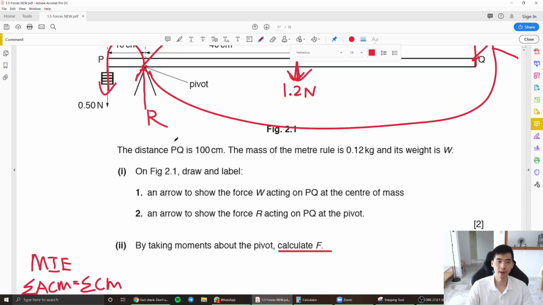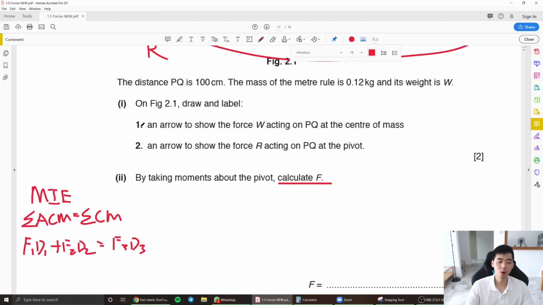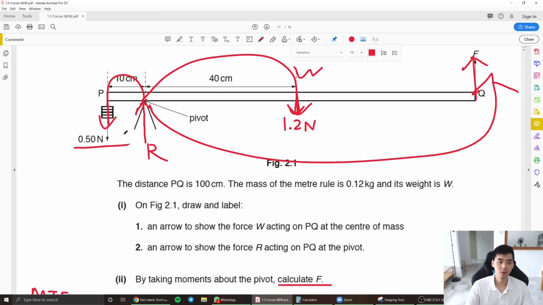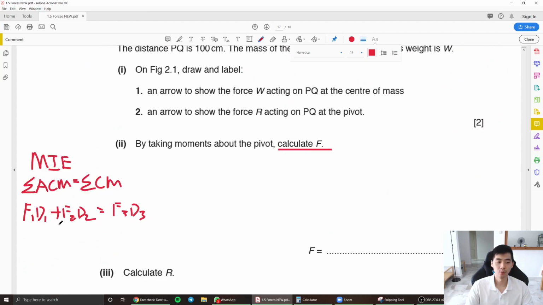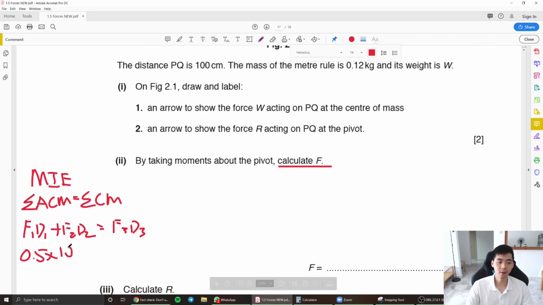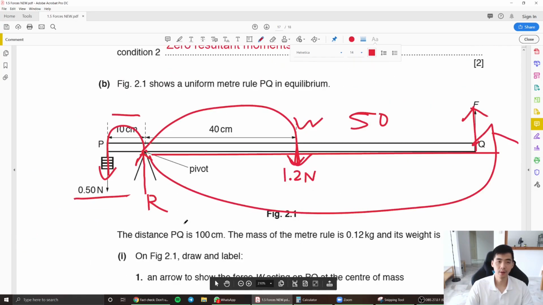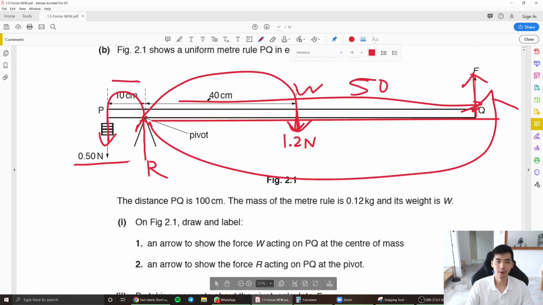From here, once I've identified all this information, all I need to do is substitute in 0.5 multiplied by 10 plus my F multiplied by 90, because this is a 1 meter ruler, right? So 0.5 multiplied by 10 plus my F, I don't know how much that is, multiplied by my 90, because this is 90 here.